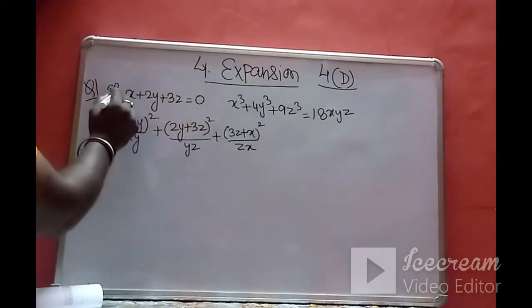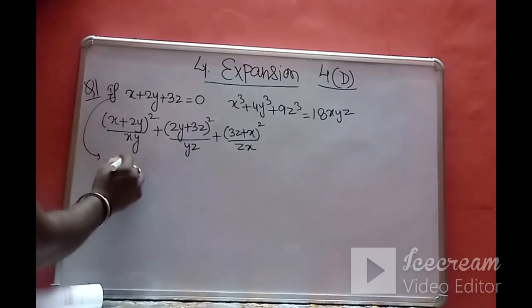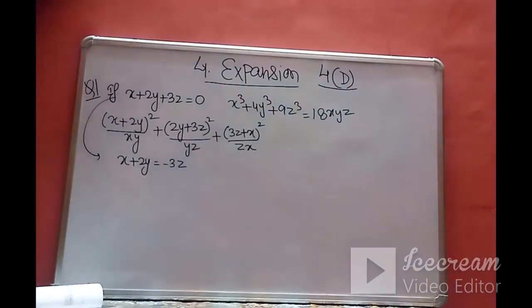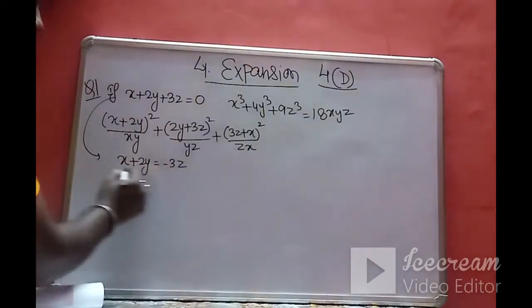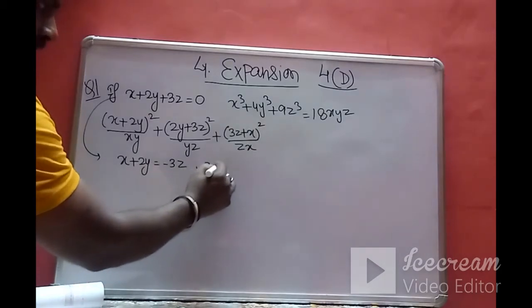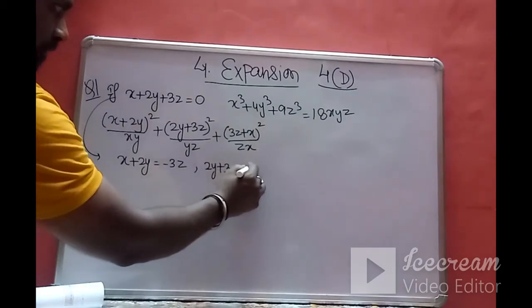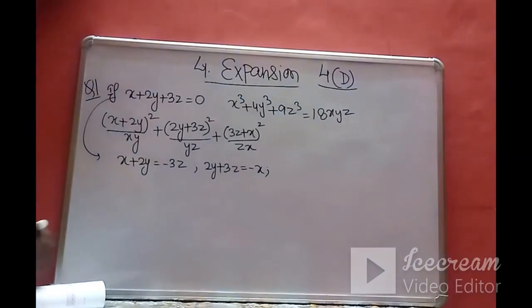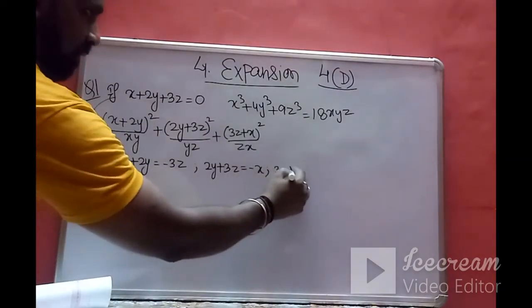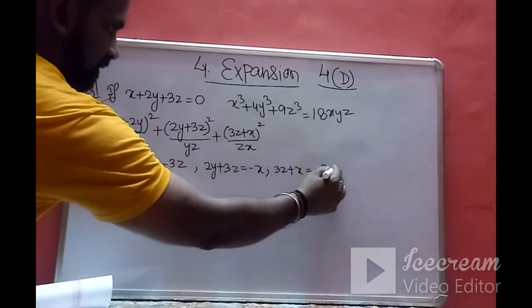From this, what is x plus 2y equal to? It will be minus 3z. Then 2y plus 3z is equal to minus x, and last is 3z plus x, which will give you minus 2y.